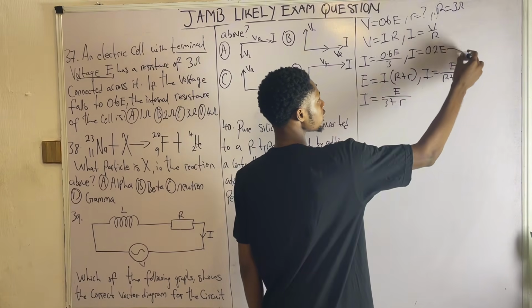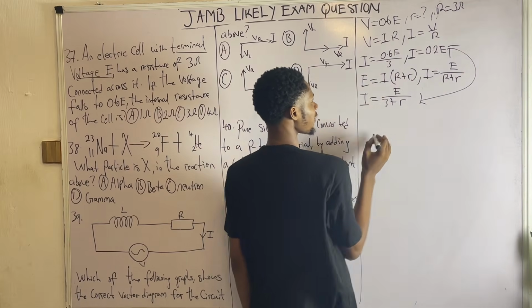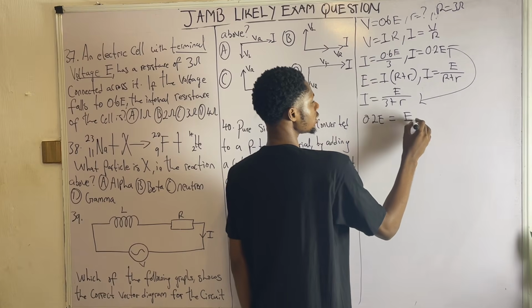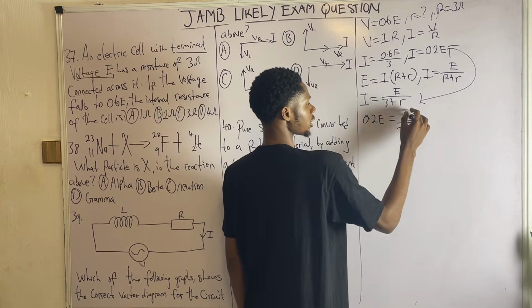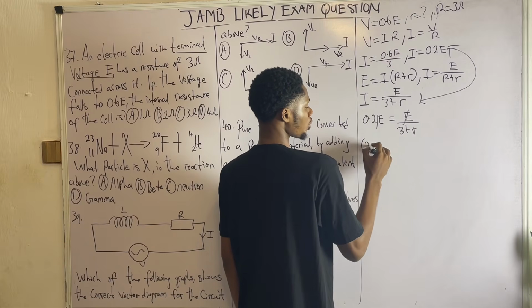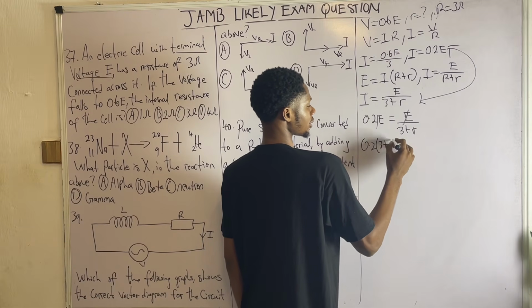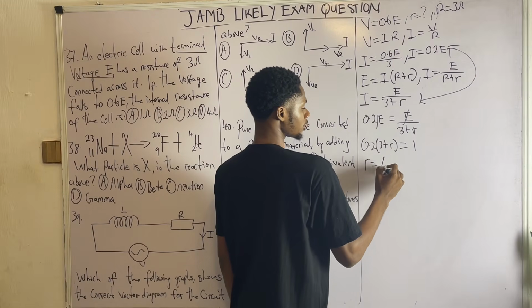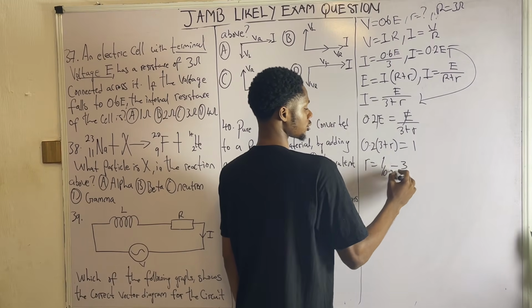Now let's equate these two together. They both have I. We're going to have 0.2 E equals E divided by 3 plus r. E cancels E. So I'm left with 0.2 in brackets 3 plus r equals 1. From here, r is equal to 1 divided by 0.2 minus 3.